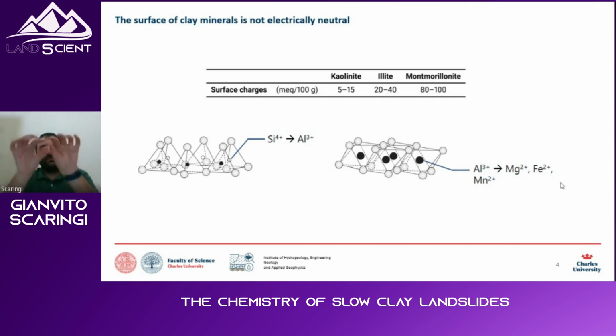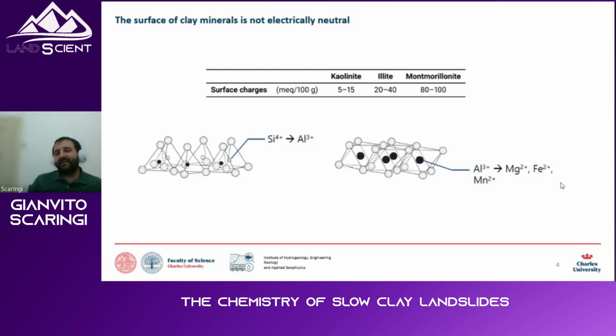They are like puff pastry, basically, very thin layers with something in between. A single gram of montmorillonite, which is the most active clay type, has an outer surface, exposed to the elements, to water, to air, of about 800 square meters per single gram of montmorillonite.